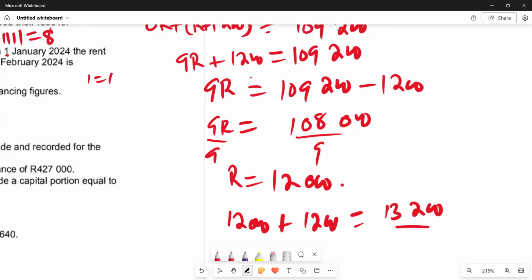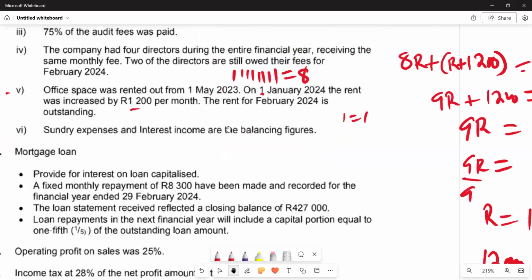In February, that's where the year is ending. So we have 13,200 rands for January and February. February we haven't received, so we are going to add 13,200 representing our rent for February. Remember the question is saying the rent was increased by 1,200 per month, then the rent for February 2024 is outstanding.